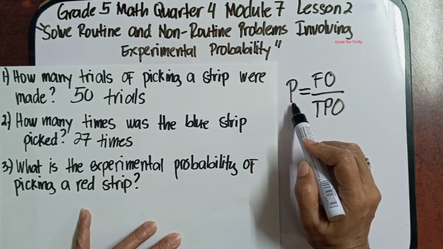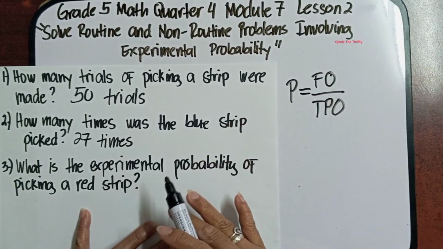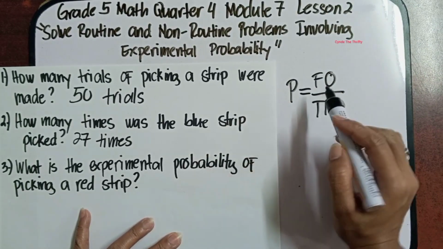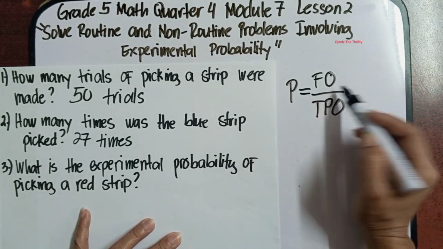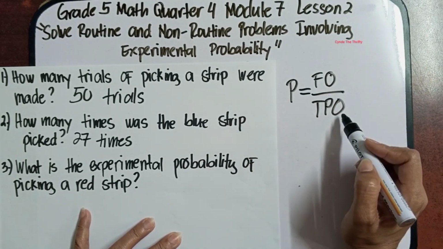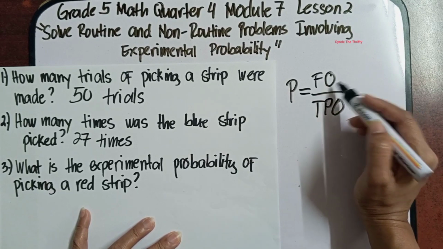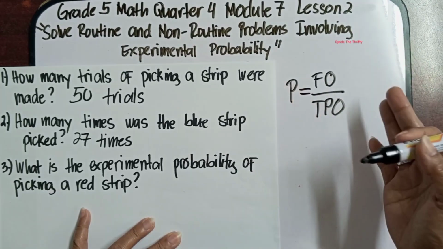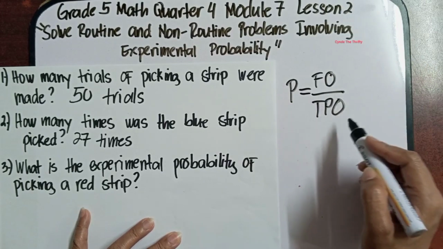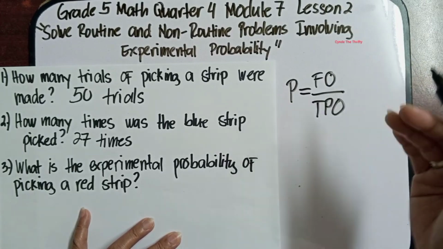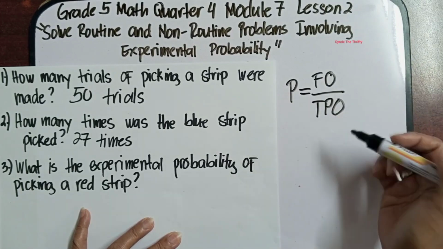Okay? Napag-aralan na natin ito sa ating previous lesson. Ano yung favorable outcomes? Yun yung kung ano yung gusto mong mangyari. Divided by the total possible outcomes kung ilan yung kasali sa iyong experiment.